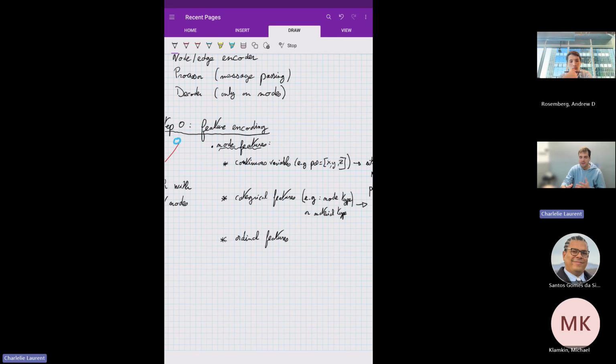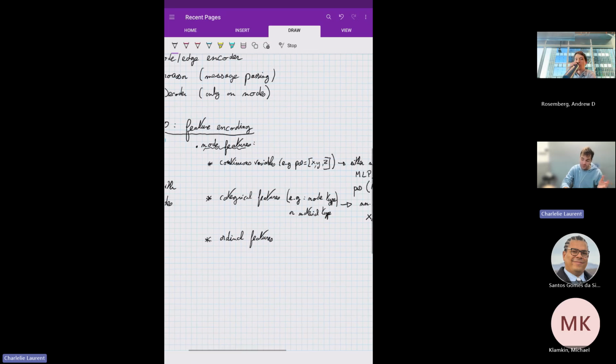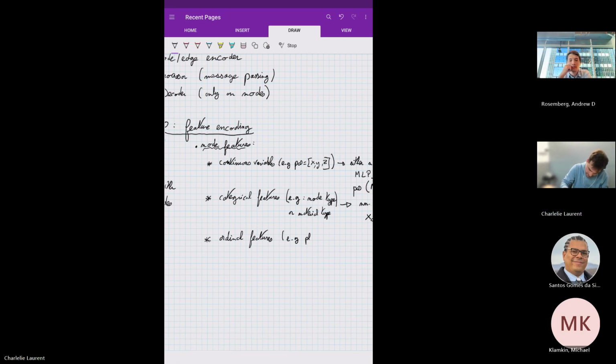So usually it would be a 1D feature, but there is a clear order. The easiest one is the time, right? So it could be the physical time, or if you are training, let's say, a diffusion model, it would be the diffusion time step. So physical time or diffusion time for diffusion models.